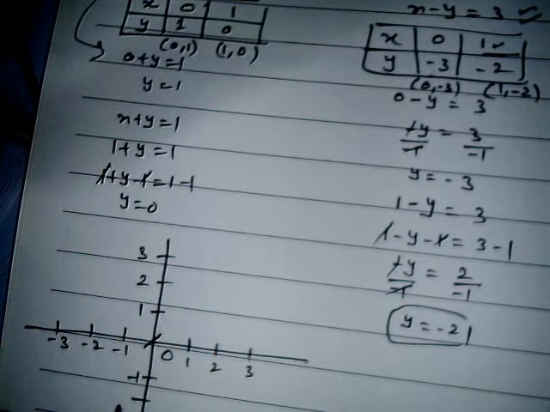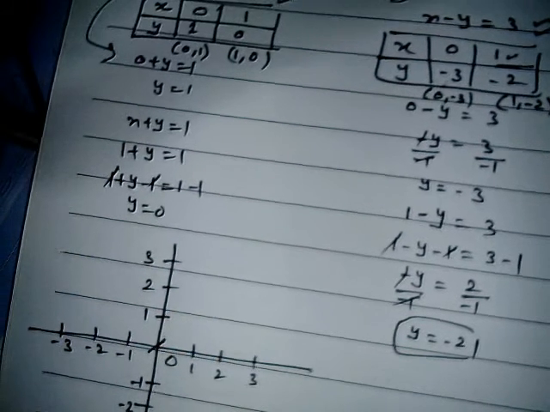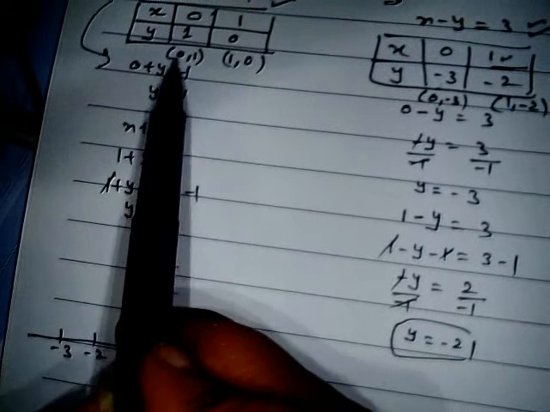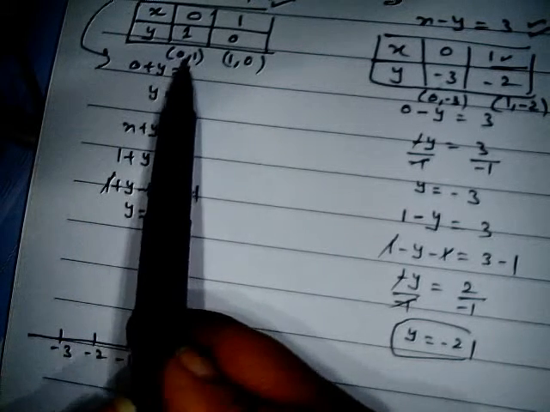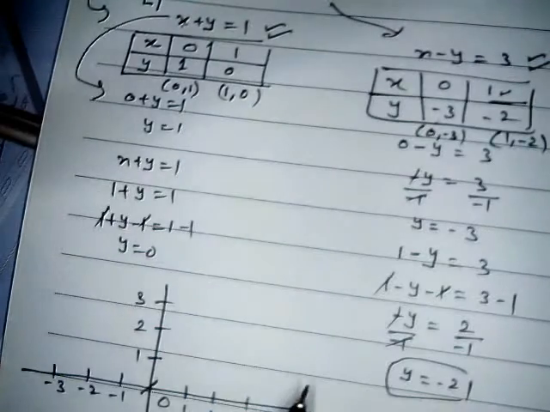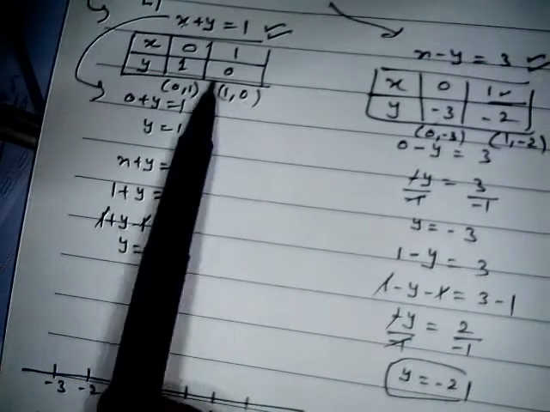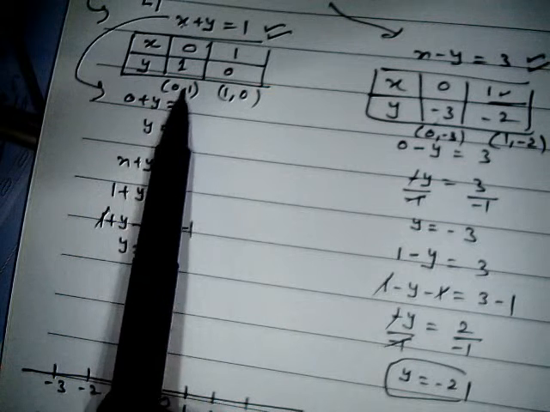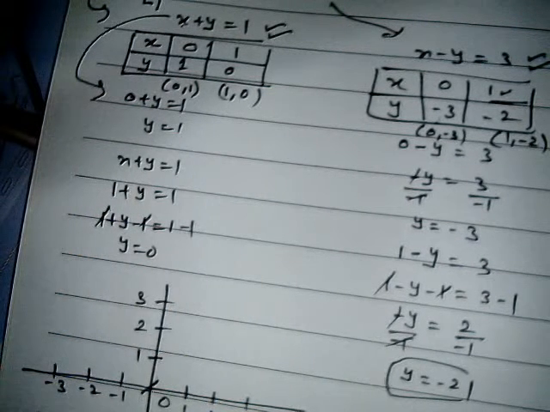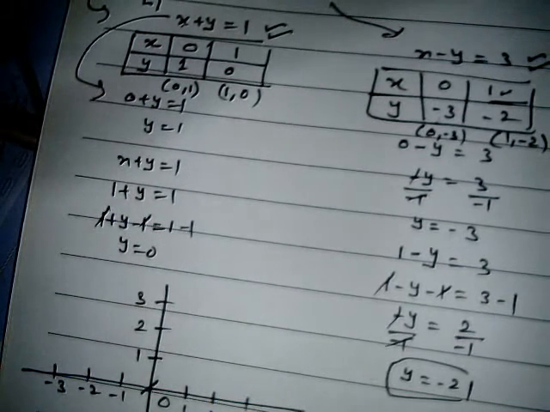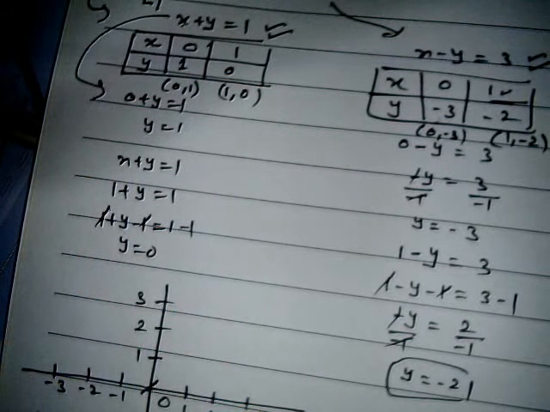First I need to plot the L1 line. I need to plot these points for the L1 line: 0, 1. So x is 0 and y is 1.